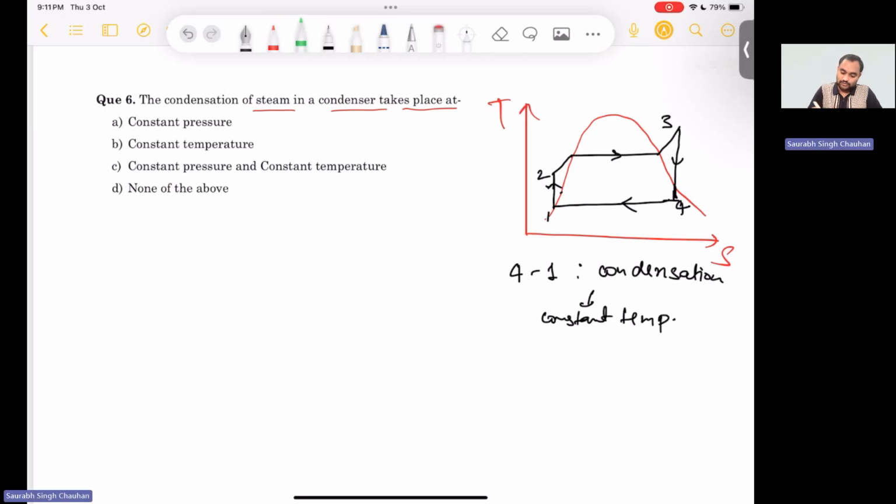And if you try to draw a constant pressure line, it will look something like this. So in the dome region, the constant pressure and constant temperature lines will coincide. So condensation will take place at constant pressure and constant temperature in the saturation region, right?